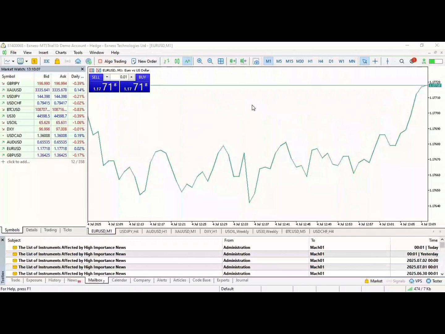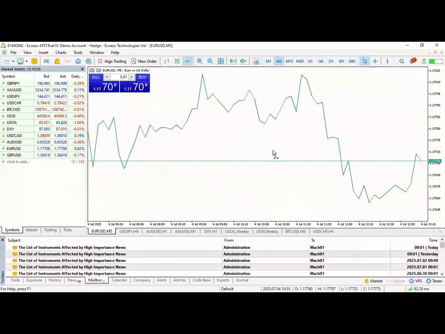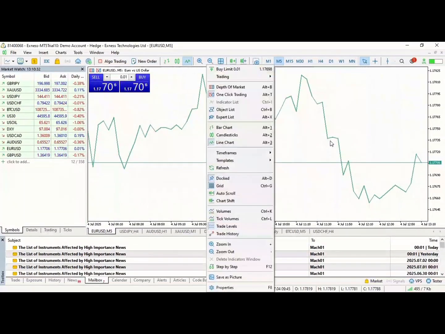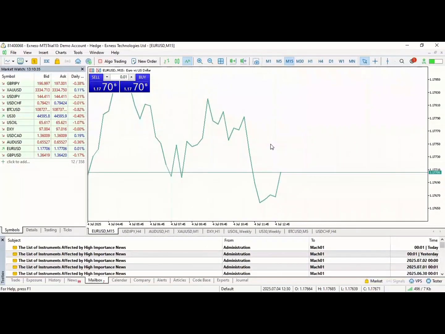Now, the candlestick, on the other hand, okay, before the candlestick, the time frames just mean after how long is price plotted. If it's 1 minute, it means after 1 minute. If it's 5 minutes, it means after 5 minutes. If it's 15 minutes, every 15 minutes.